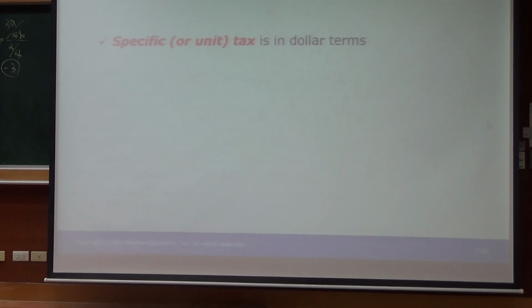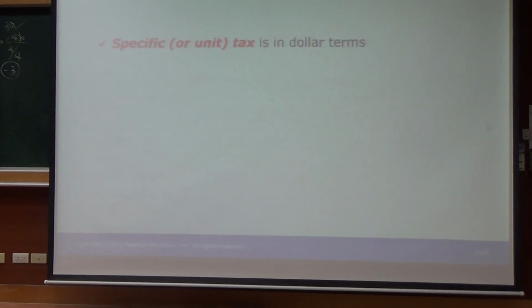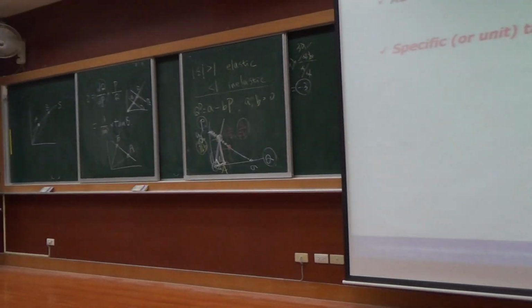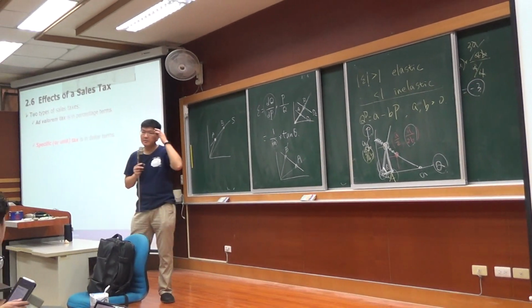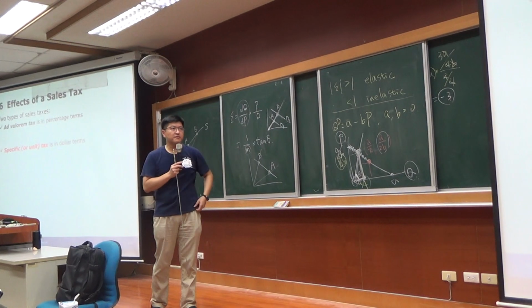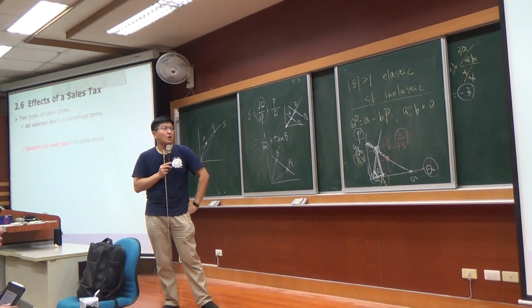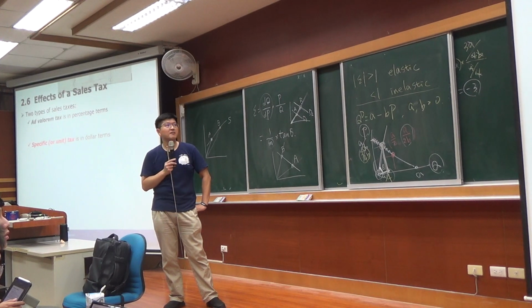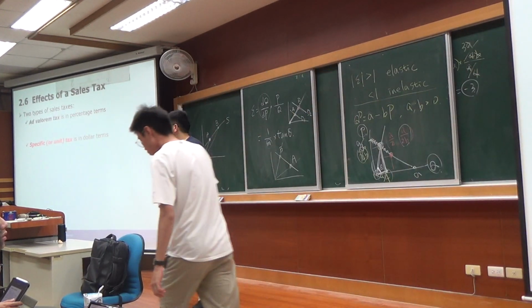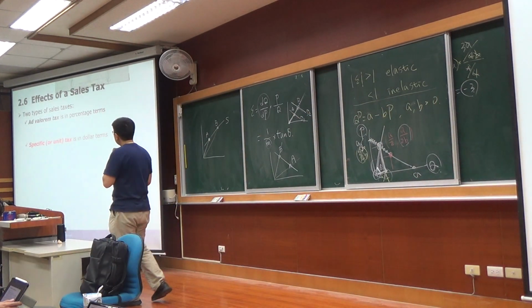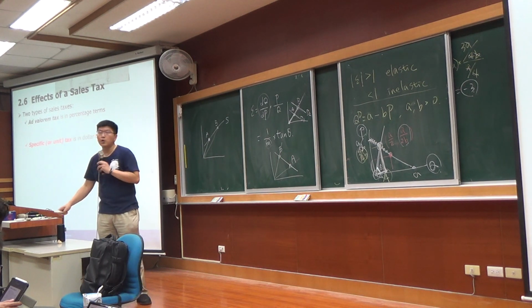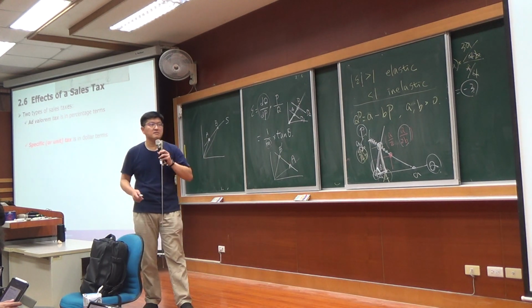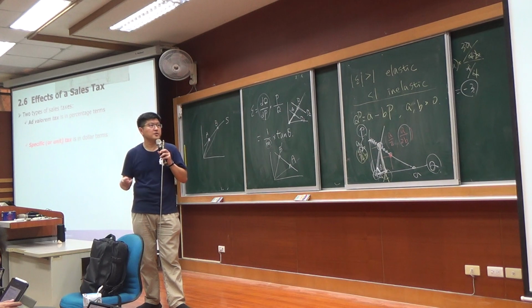And I'd like to introduce two types of sales taxes. Okay, just keep in mind these two types of tax. One, we call it ad valorem tax. Ad valorem tax is in percentage terms. And specific or unit tax is in dollar terms.